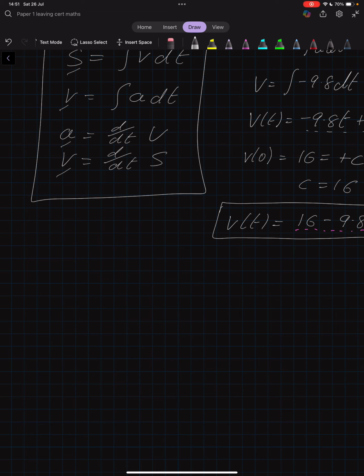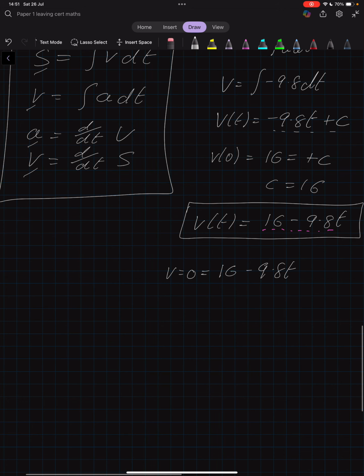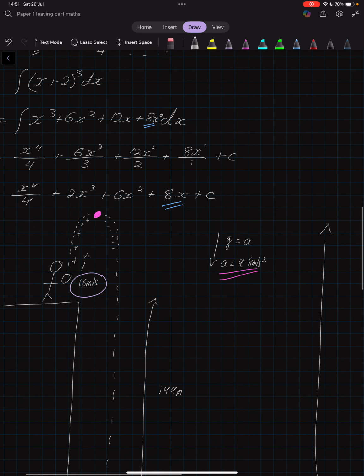Well, the velocity is equal to 0, and the velocity is equal to 16 minus 9.8 t. So t is equal to 16 divided by 9.8 seconds. So that's how long it takes from the ball to be thrown here to all the way up there. Okay?